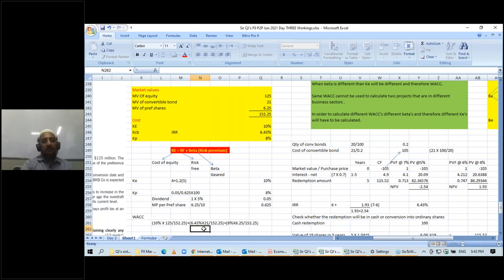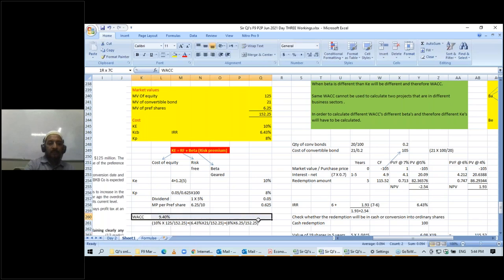Okay, so this gives you the WACC, which is 9.4%. So that's the WACC for this question, weighted average cost of capital.